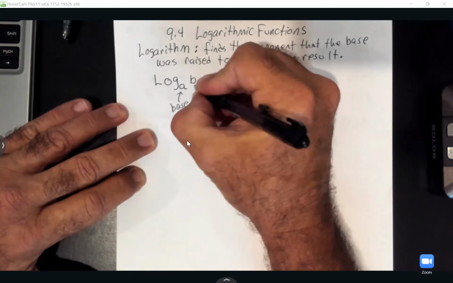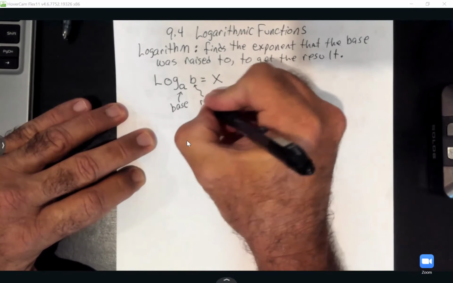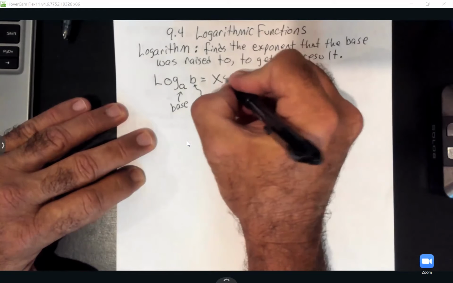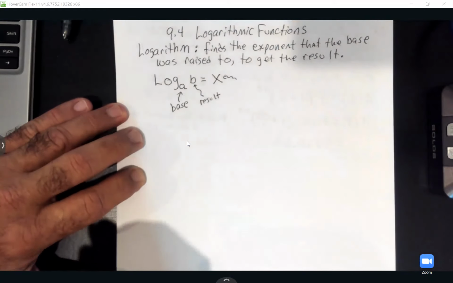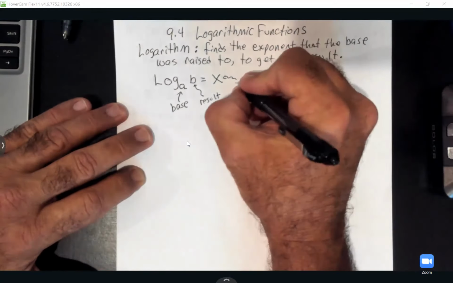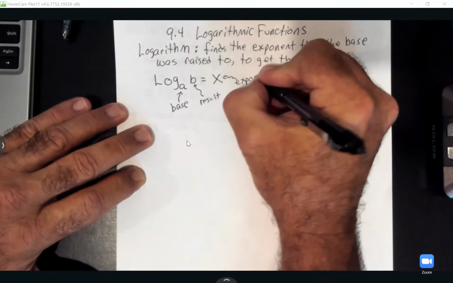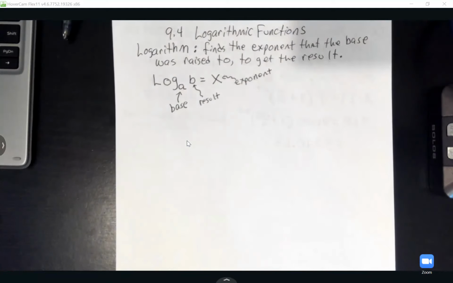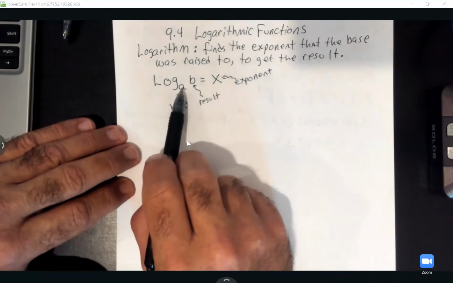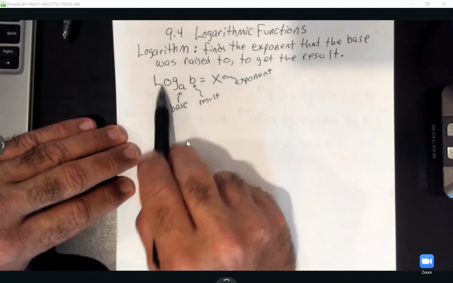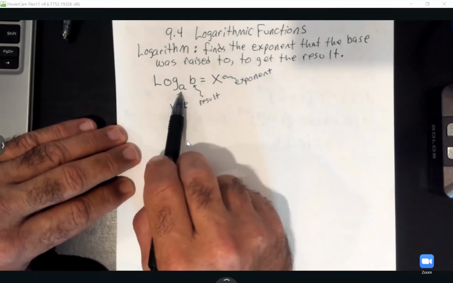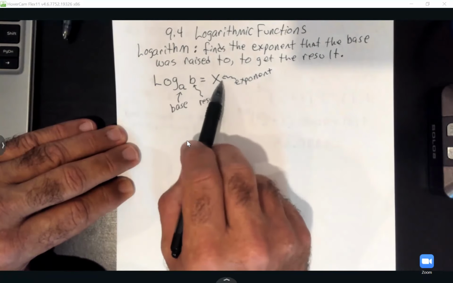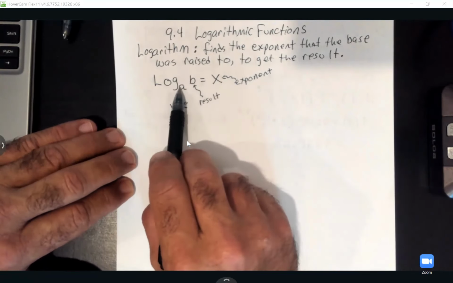The B here, that's the result. And the X is actually the exponent. Okay, so when you punch in a log base, your base and your result, in your calculator, it'll give us the exponent that it was raised to.